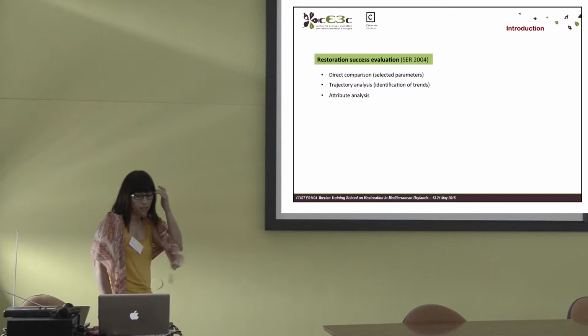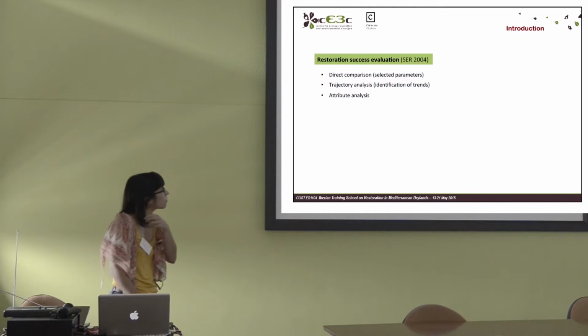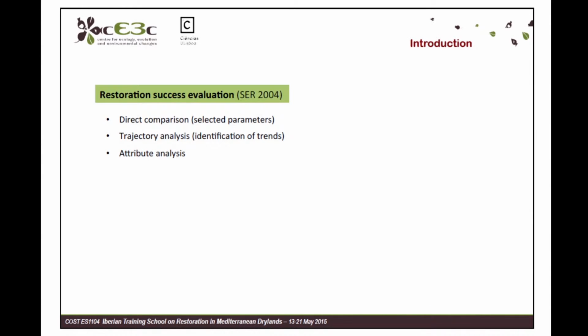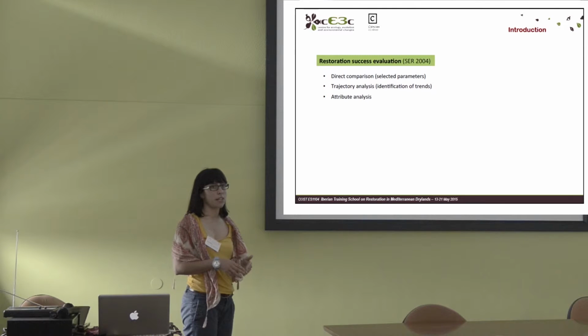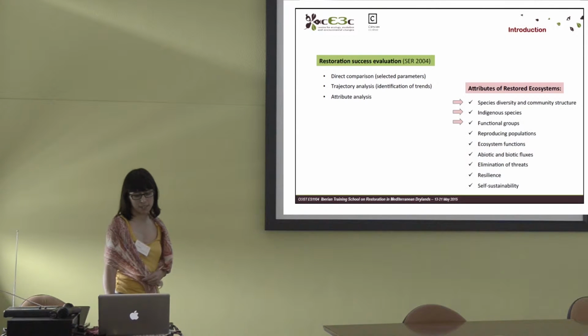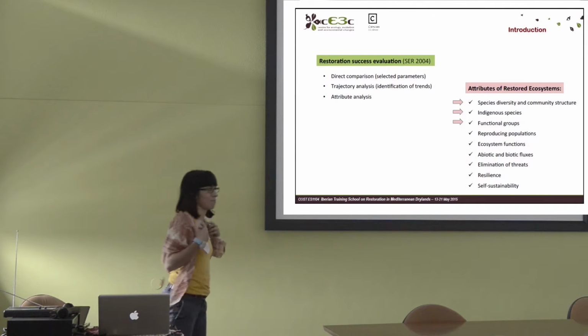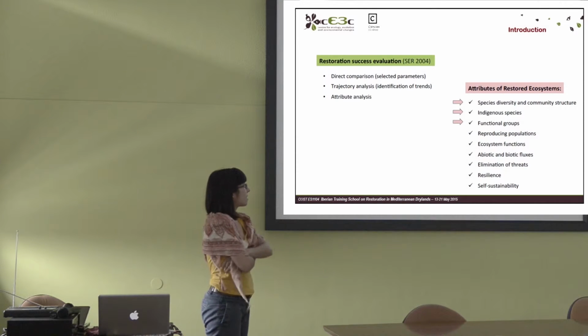And the other option is to analyze the attributes that SER established to set a site as restored. And these attributes, as you all may know, are these 9 attributes.